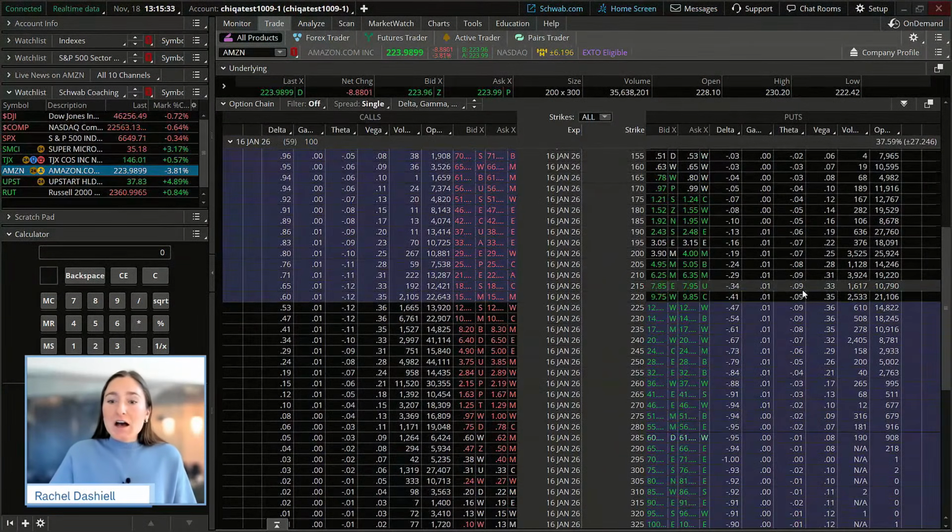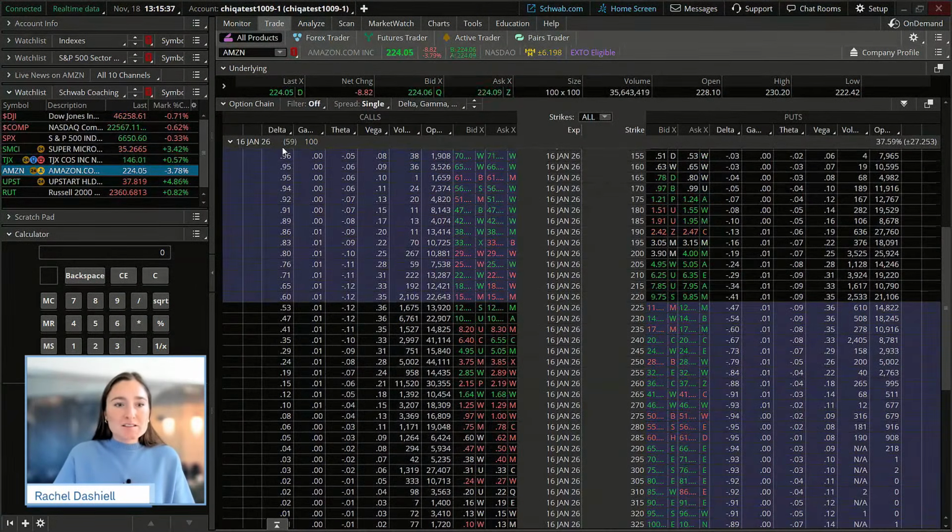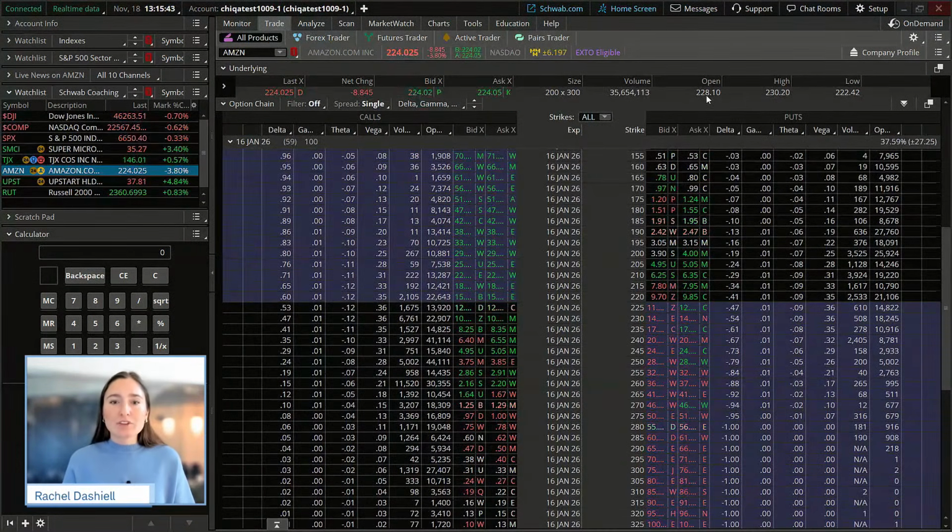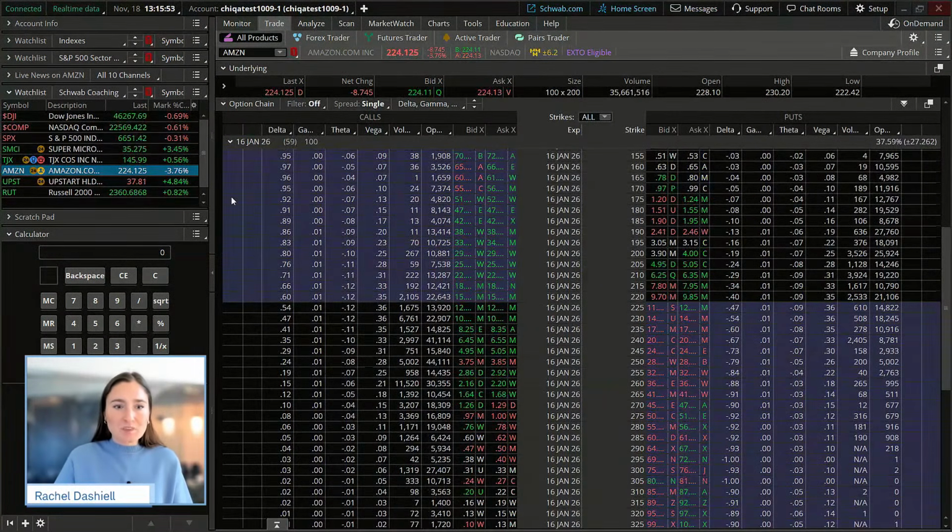So we're going to go with this one and use this as our example just because it gives us a little bit more time, and we would probably like to close it out roughly around, I would say, that 20 to 30 day mark, since that's when time decay really tends to accelerate in that fashion.